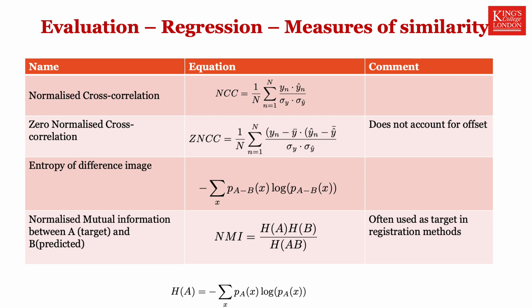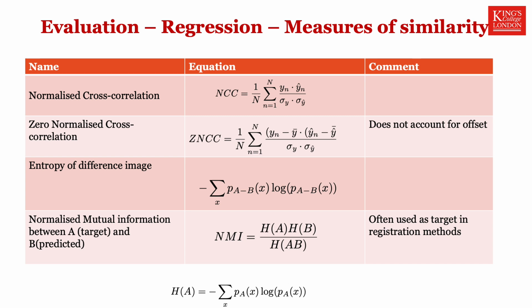So that's the entropy of the difference image, and it's quite interesting because it's a way of understanding the amount of information that still stays in the difference image. Obviously, if everything is 0, it goes down to 0, while otherwise it may get boosted up massively. And so what you would want is to have it very close to 0.